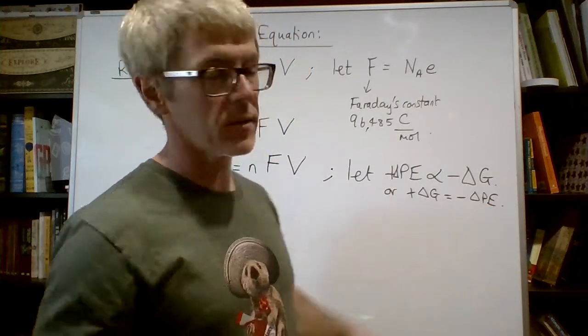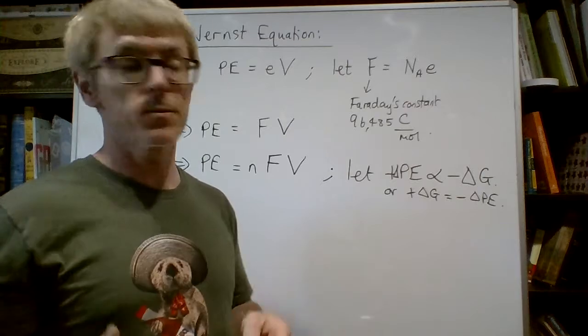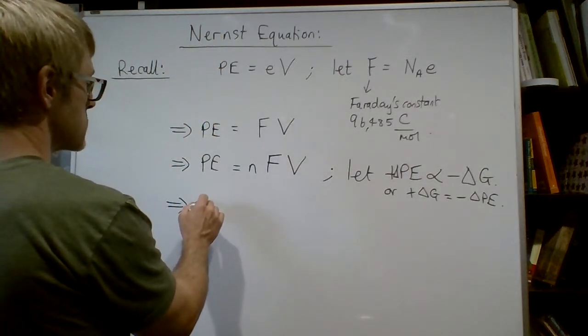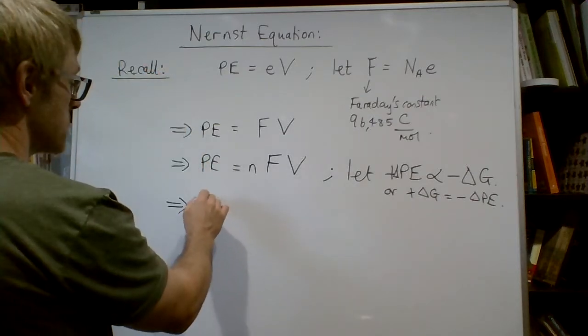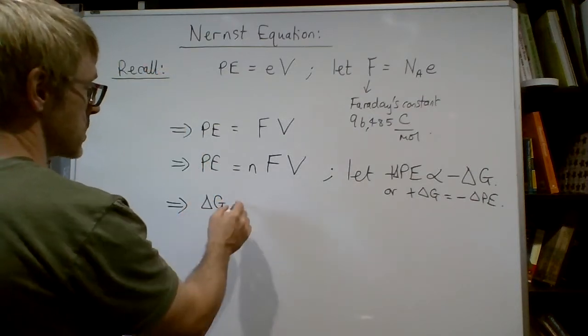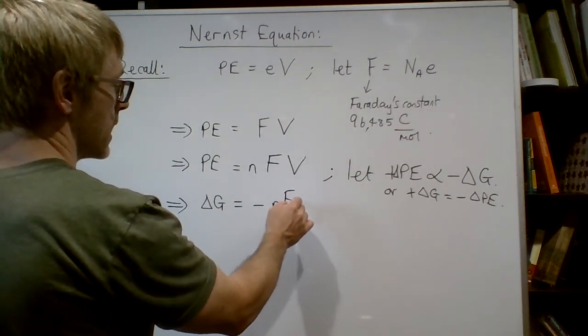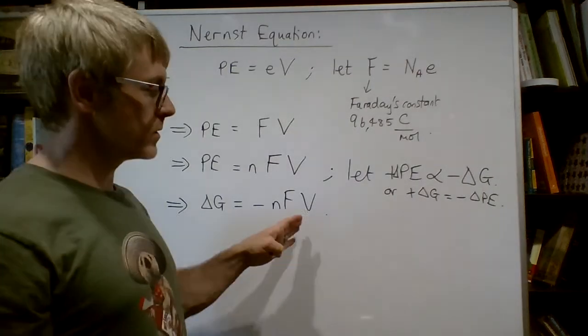So this idea that potential energy is for the most part negative with respect to other types of energy, we can rewrite this as, if I rephrase that as Gibbs free energy change, I could say negative nFV. For the most part, we're done.